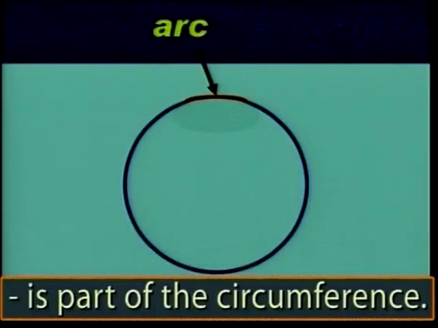Next, the arc of the circle. Arc is part of the circumference, where the red line on top of the blue circle, you can see that. That's known as the arc. The red line there.